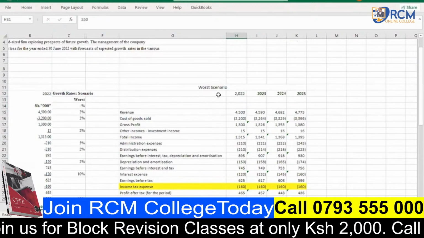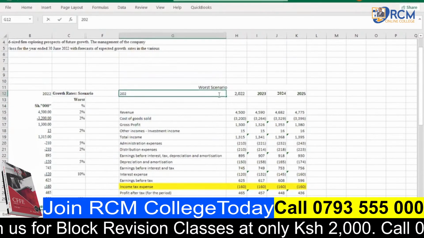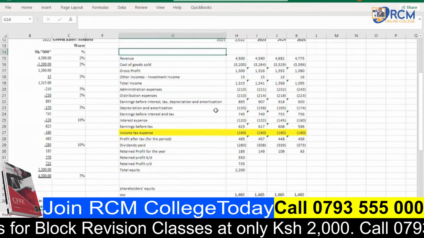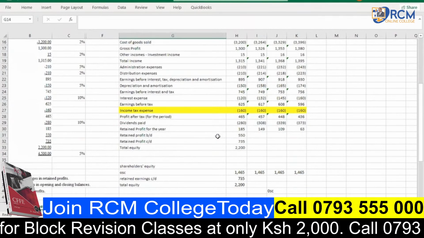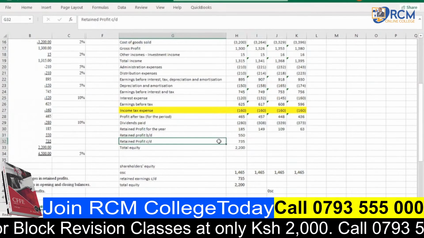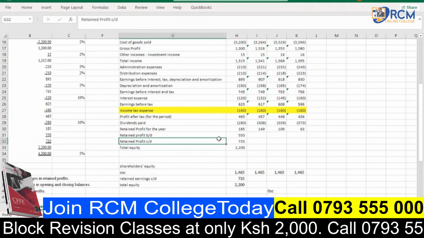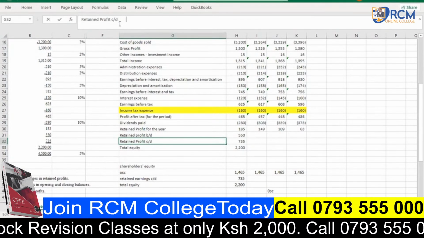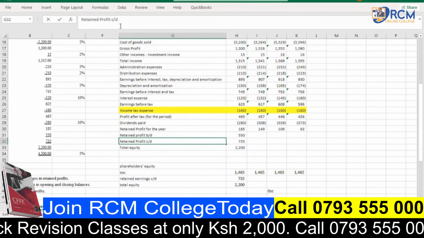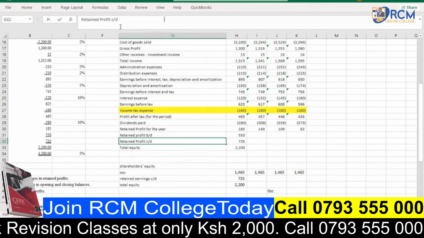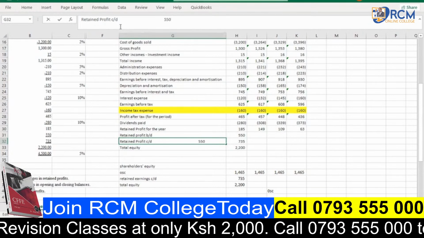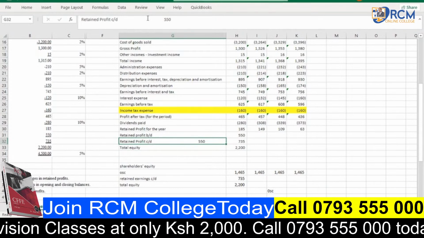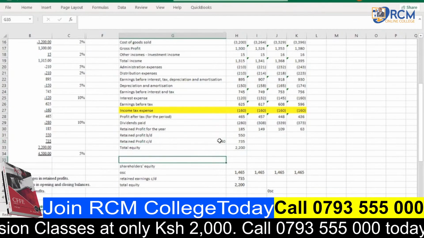If you had 2021 here, we would have come down to this point and said our retained earnings carried down for 2021 would have been 550.